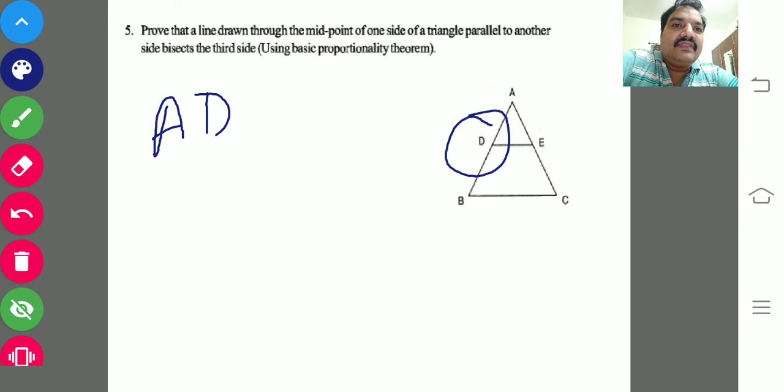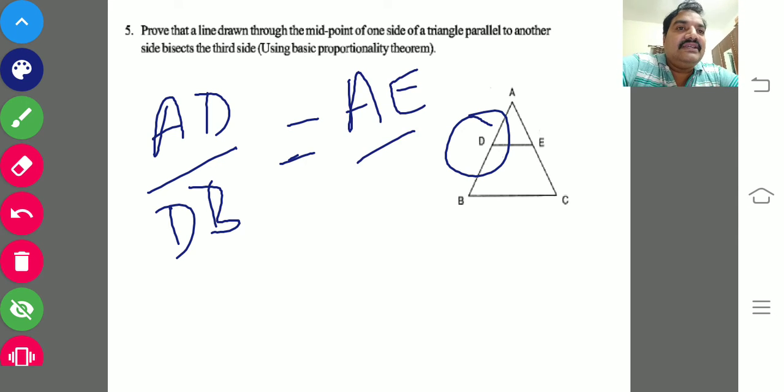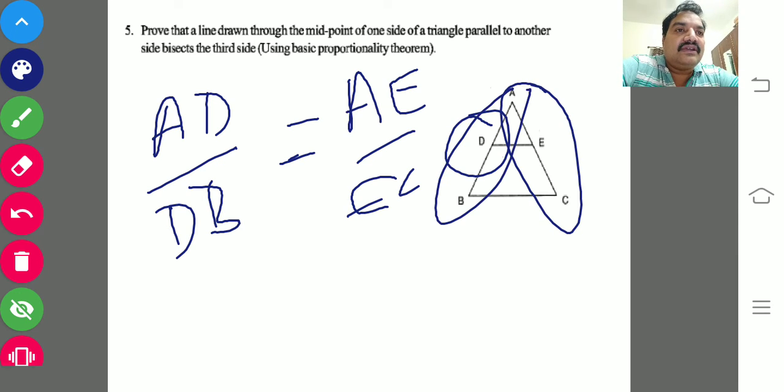So if D is a midpoint, automatically you can say AD by DB, because you draw a parallel line from D. So that's what you just write: AE by EC. We don't know about this side, but we know clearly it is given that D is a midpoint.